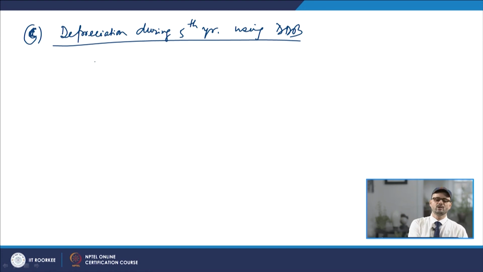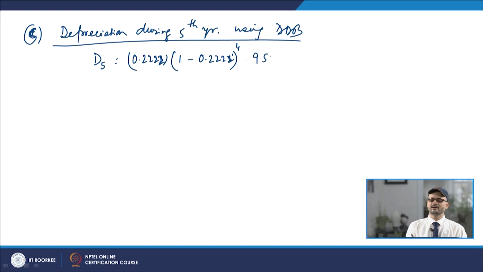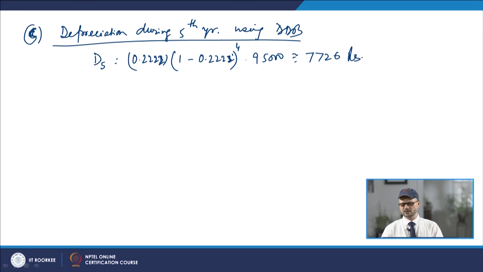So alpha is 0.2222, and we take (1 minus 0.2222) raised to the power 4, multiplied by 95,000. If you calculate that, it will be something like 7726 rupees. This way you can calculate the depreciation during any year.